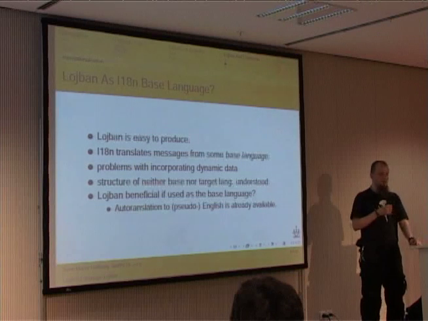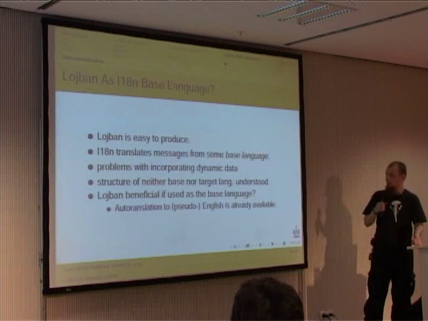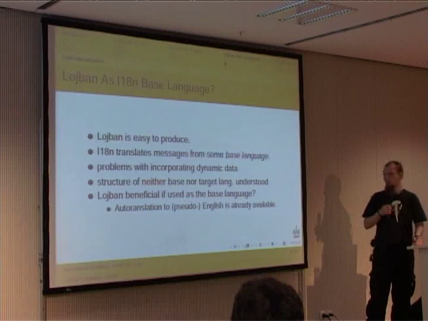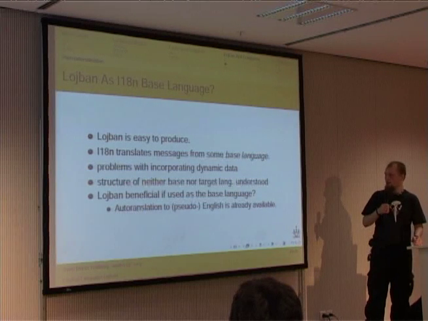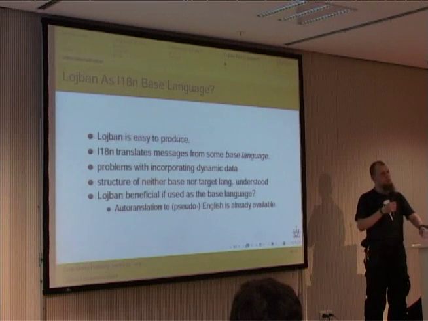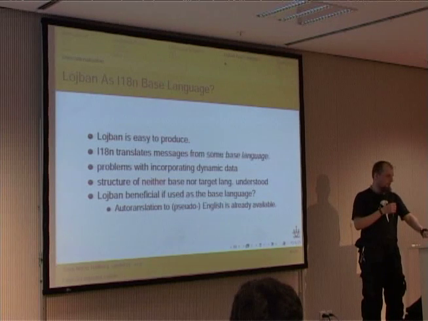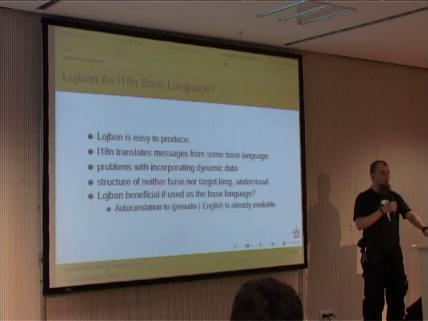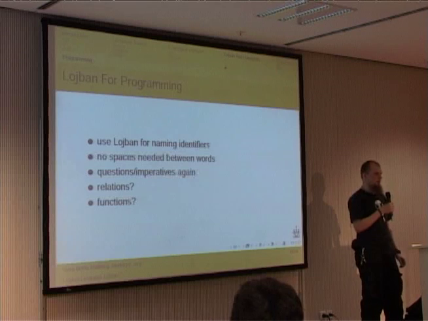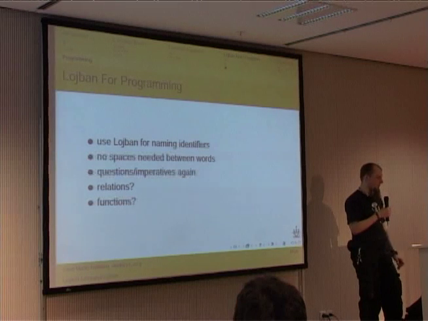Also, there's auto-translation already available to English, which works fairly well. It's of course not perfect, and it could use more work, but it has been available for a long time, and you can usually understand the sentences just because the structure is so clear. Even if it's not real English, you can see what it's supposed to mean just by looking at the structure and the gloss words.